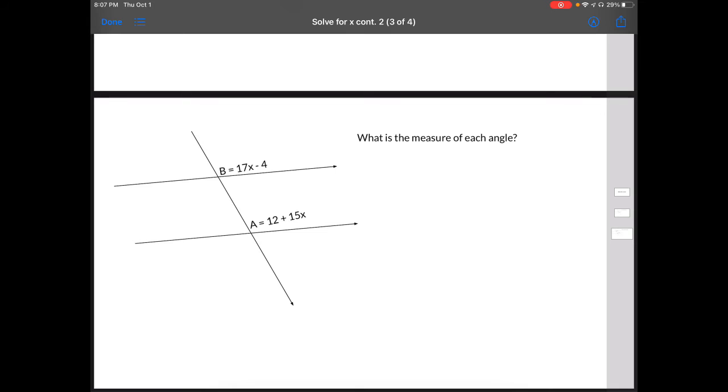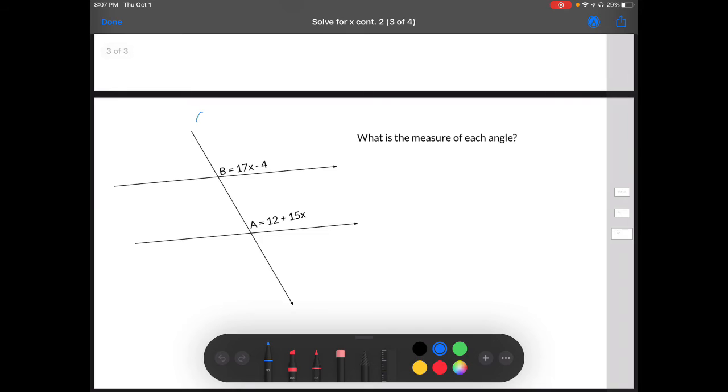Here we've got a new one. We look at our angles and we say, all right, these are corresponding. Corresponding angles are always going to be congruent. Since they're congruent, we take the angles, 17x minus 4 and 12 plus 15x, and we put an equals between them, because they're congruent, which means they're equal.